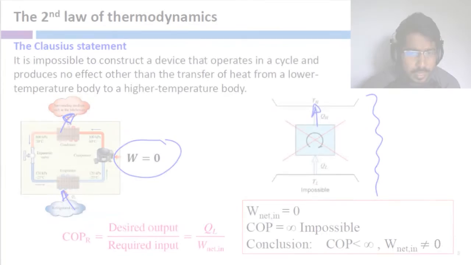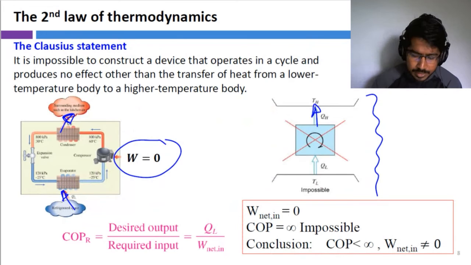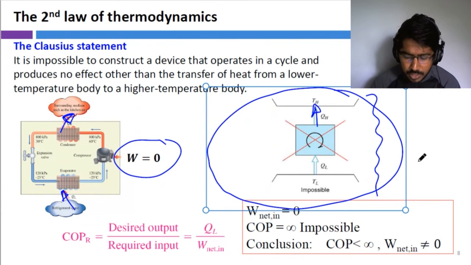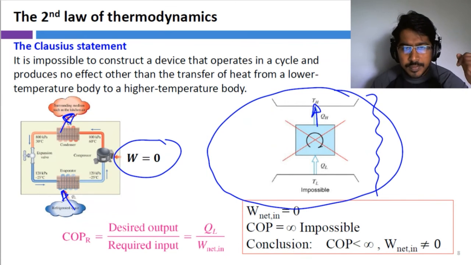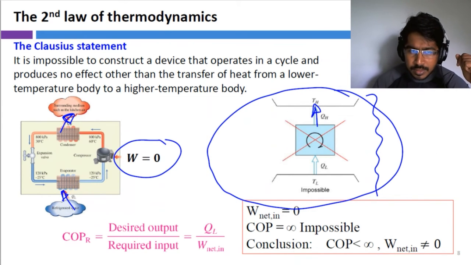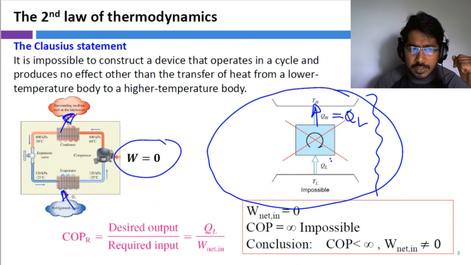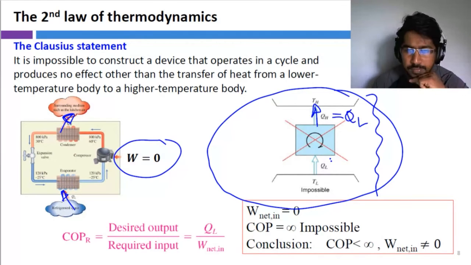So if we go back to the previous slide, this is what the Clausius statement says. This kind of device is not possible, right? In this case also QH is equal to QL, because from the first law there's no other energy flow into the system.